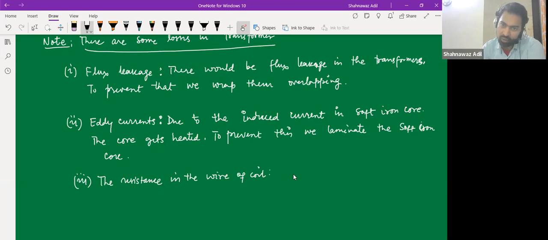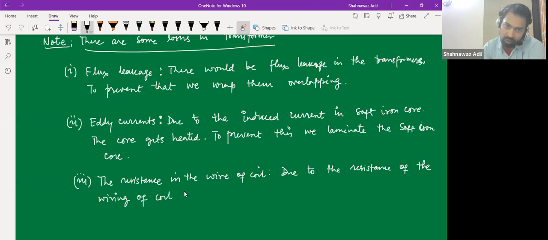So due to the resistance of the wiring of the coil, the transformer gets heated, right?